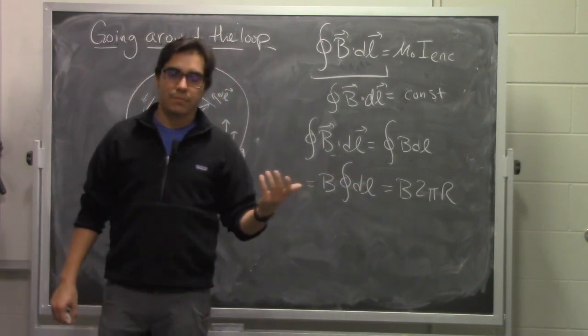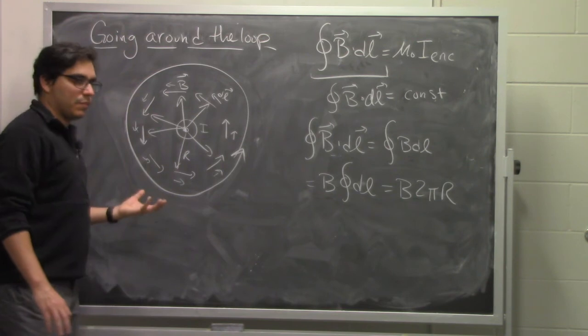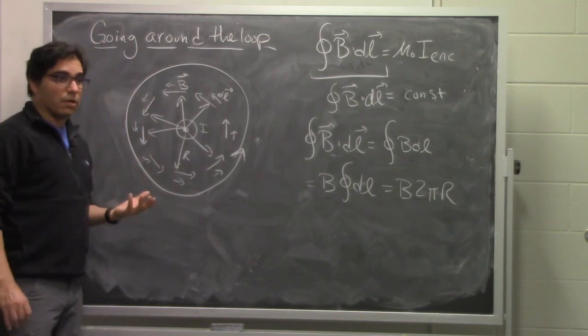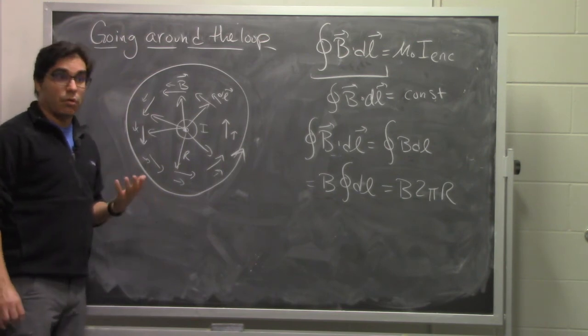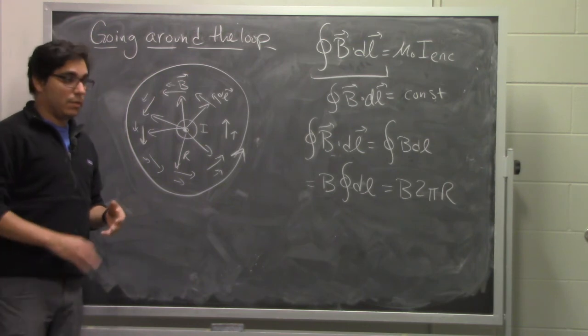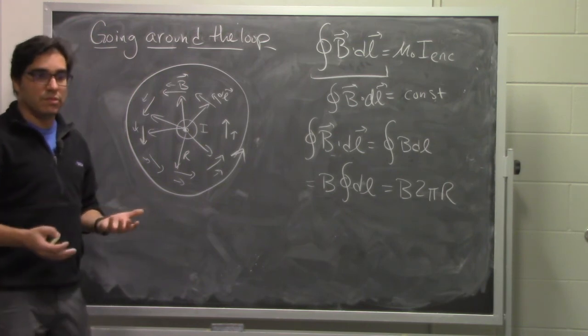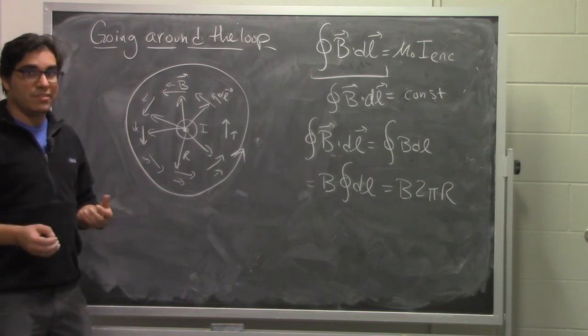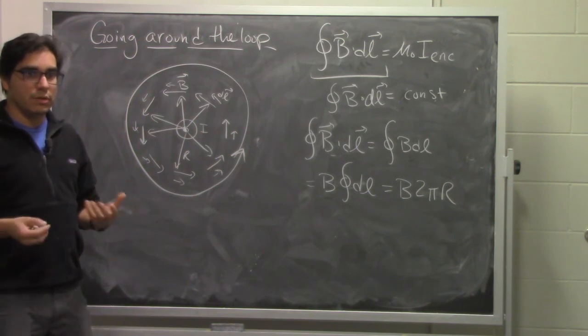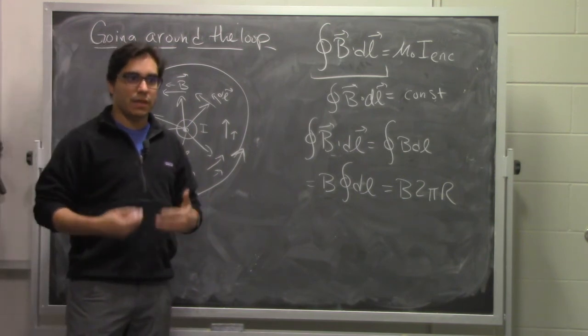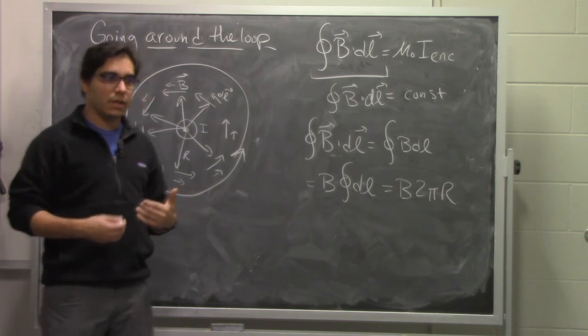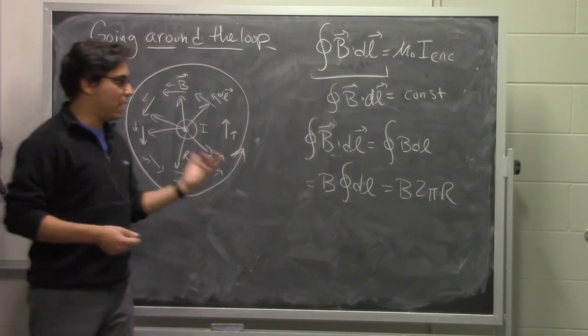This goes back to the idea of Gauss's law, in that Gauss's law is always true. It applies to every single problem you've ever seen with electric charge, but it's not always useful. It's only useful when you can deal with the dot product and pull out the electric field as a constant in the integral. The same is true for Ampere's law.